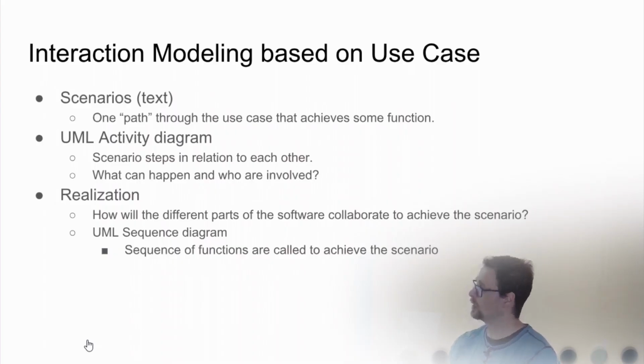So a scenario is basically one path through the use case that achieves some function. And to visualize this, we can use the UML activity diagram. By using the UML activity diagram, we can see the scenario steps in relation to each other, basically what can happen and who are involved.